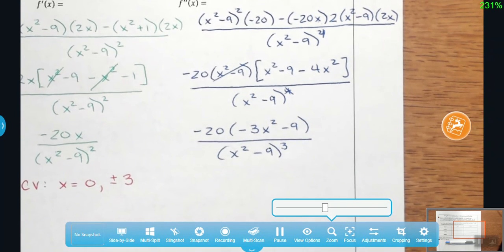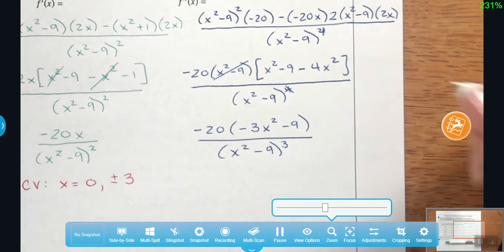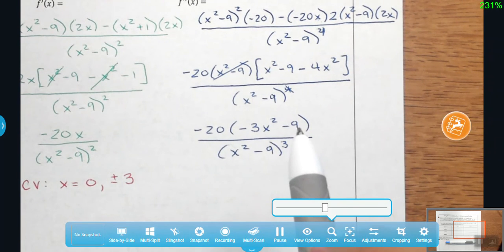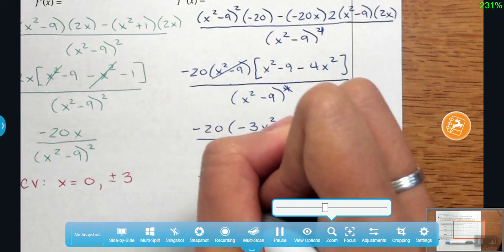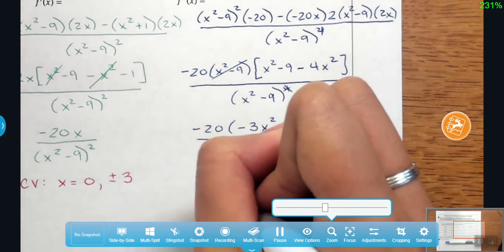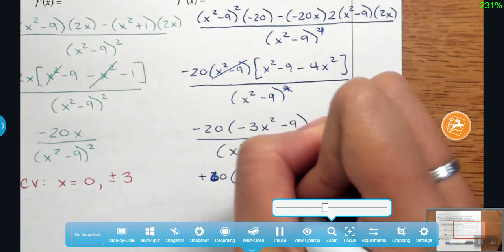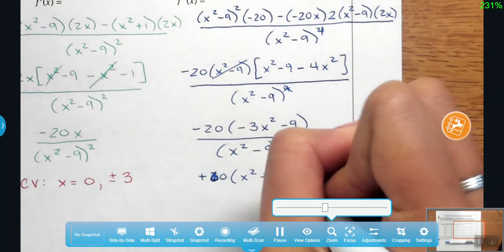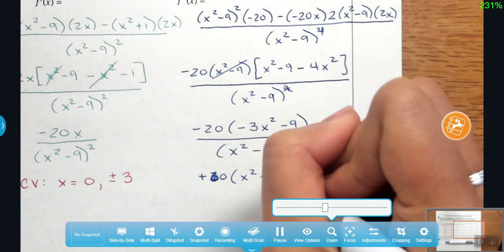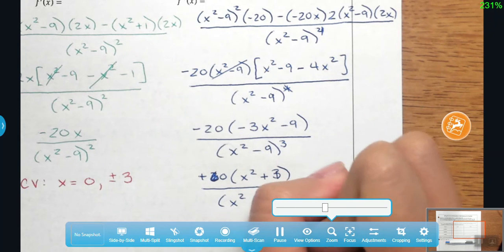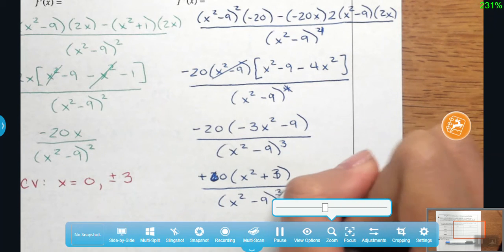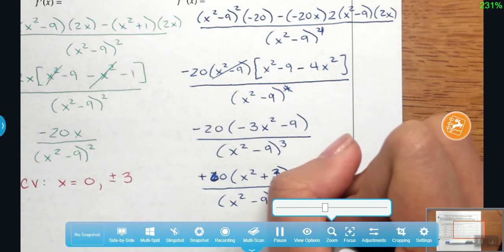It's not too bad. Negative 60, positive 60, x squared plus 9, or plus 1, plus 2, that's 3.